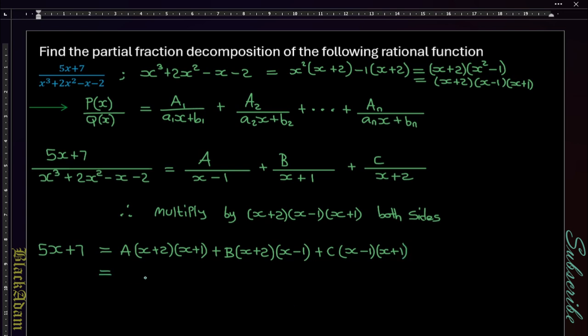From there we multiply out the brackets. For a, x times x is x squared, and that gives us 3x plus 2. For b, it's x squared plus x, then 2 times -1 is -2. And for c, the x cancels the -1.